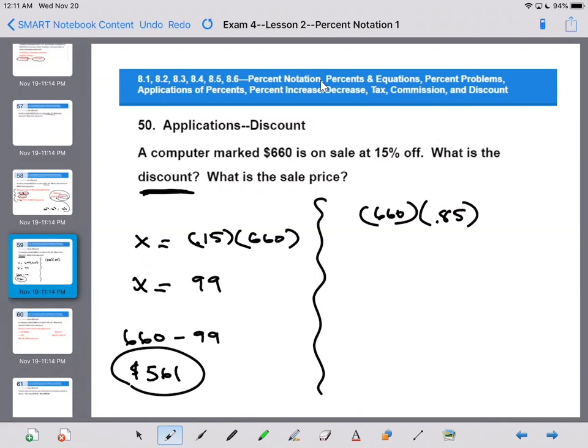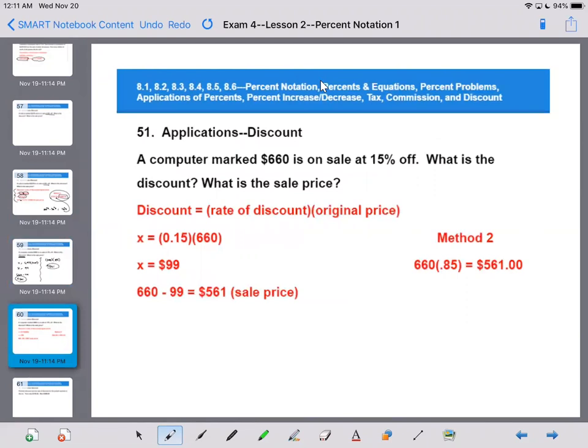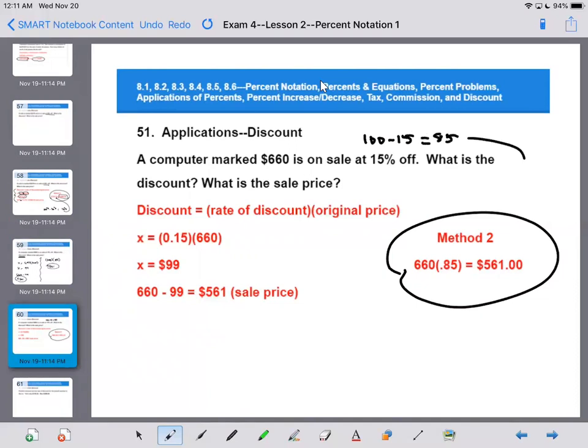So if you take 660 and multiply it by 85 hundredths, you're going to get $561 as your answer. So that's what you see in the next slide. Method 2 is where I took the 100%, take away 15% to get the 85%. And then over here was just method 1, where I had to multiply, get the $99 and subtract it to find the sales price.